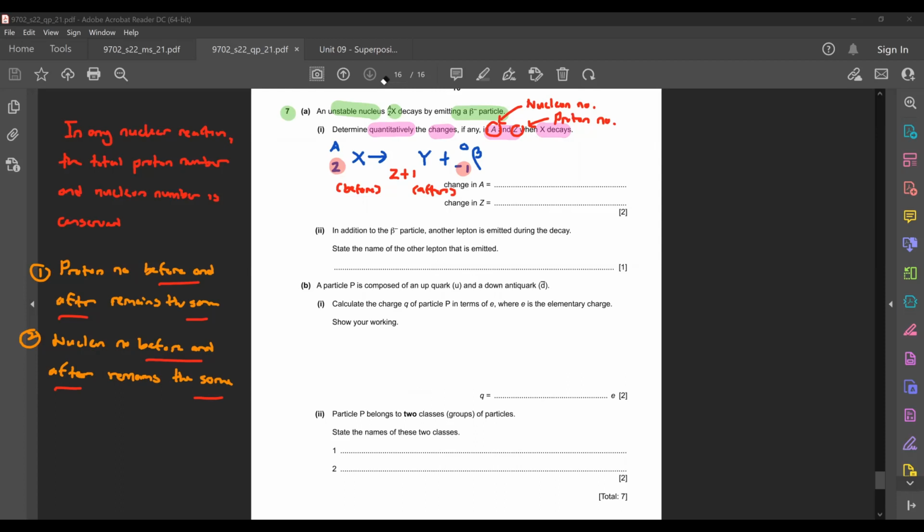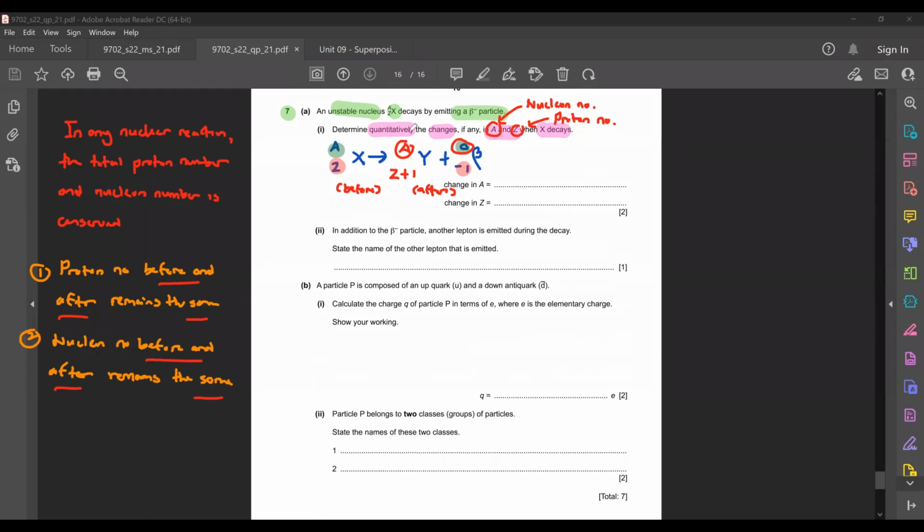And then after that, now you look at the nucleon number A. Now, after the reaction, if you look at the beta minus particle, there's actually 0 proton number there. So there's actually no change whatsoever. So when you look at the element Y here, your nucleon number ought to remain at A. So that A plus 0 still gives you A, the same as before.